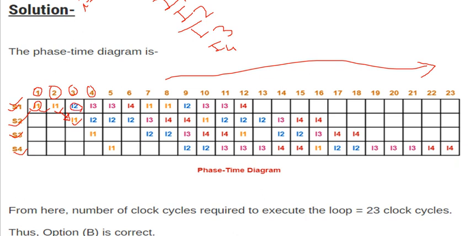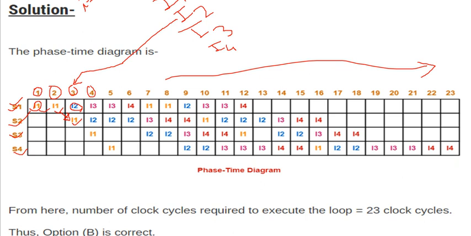If stage S1 is free, then we can run I2 in its stage 1, because in clock 3 S1 is free and S2 is busy with I1, so we can run I2 in S1 at clock 3.